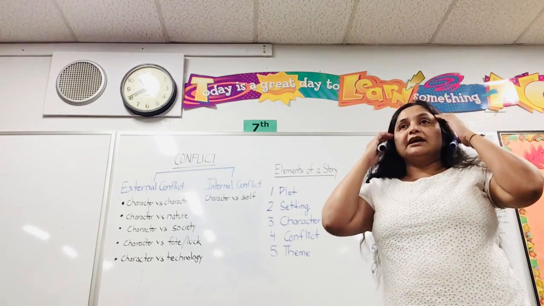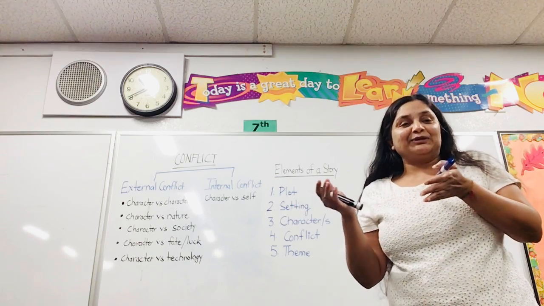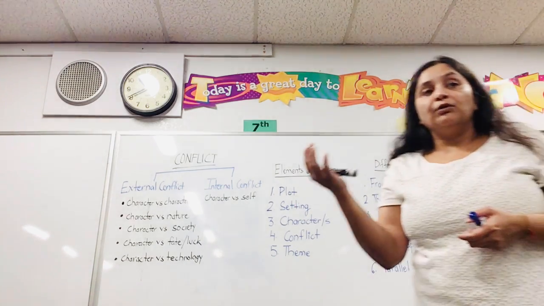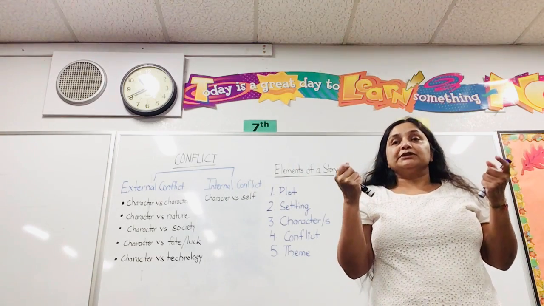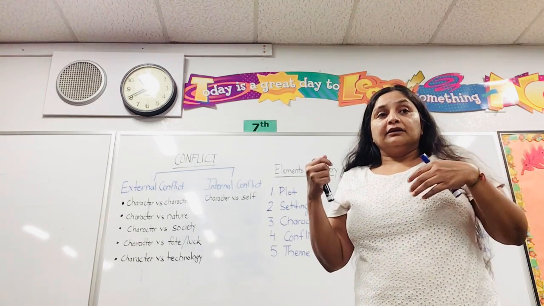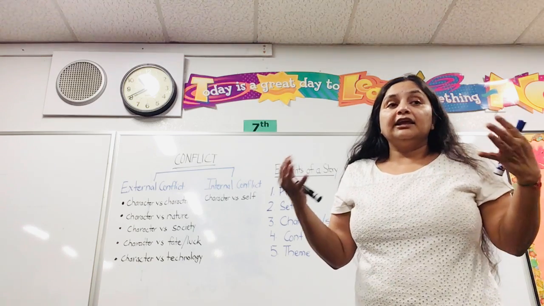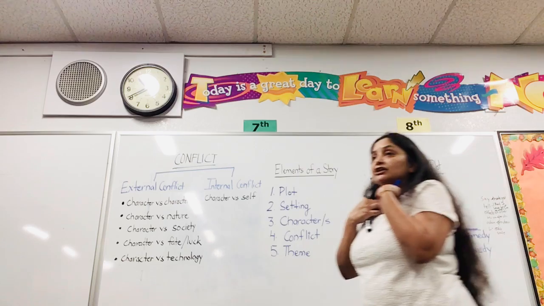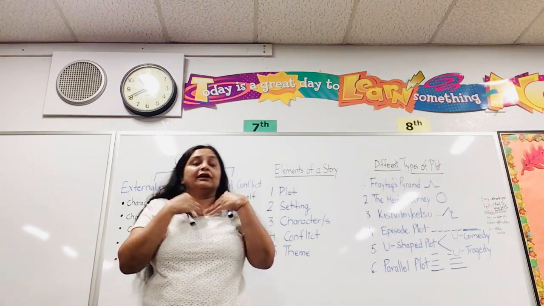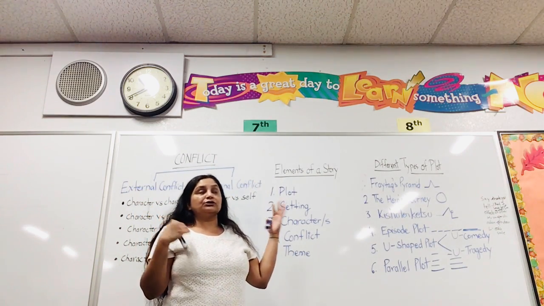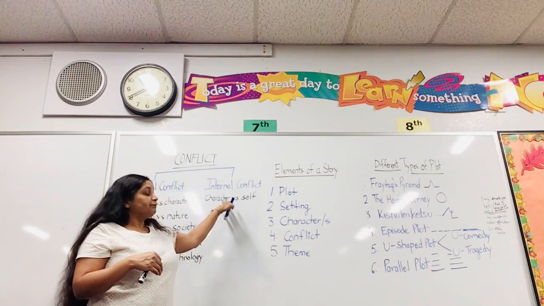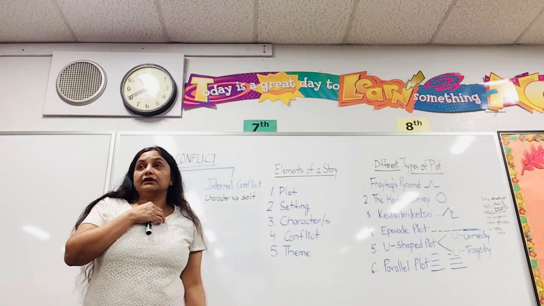Let's take that example, different from Cinderella this time. Aladdin was poor, he wishes for more, and he becomes Prince Ali. And because he doesn't think he is good enough for Jasmine, that was his internal problem. He was thinking that he is not that good looking. That was his conflict within himself.